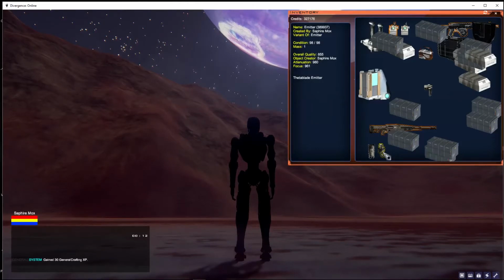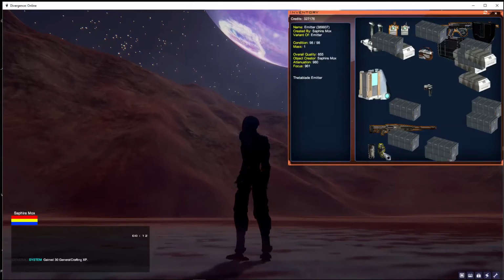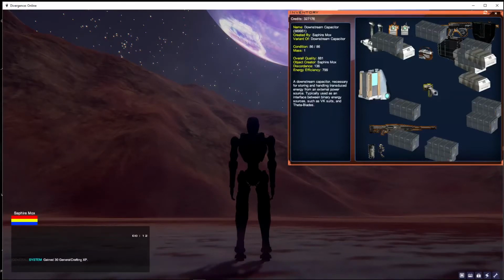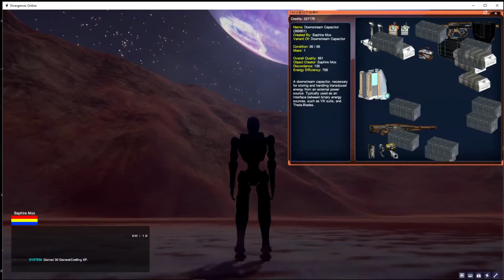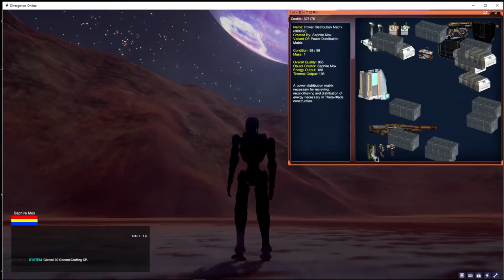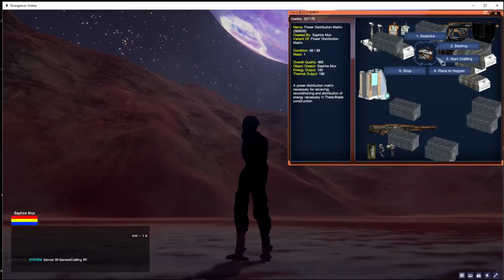Polymer has also been a challenge as far as finding the appropriate stat at a high enough rating. So I think that dragged that down a little bit. 881, not bad at all. So we've got our downstream capacitor, got our emitter, got our power distribution matrix.